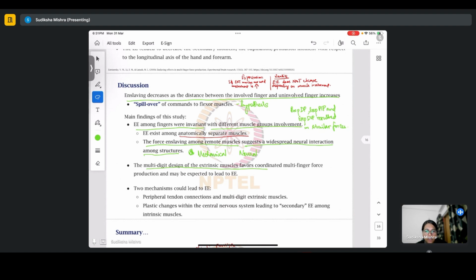So, the two mechanisms that this particular paper suggests might lead to enslaving effects are peripheral tendon connections and multi-digit extrinsic muscles, and plastic changes within the central nervous system, leading to secondary enslavement effects amongst the intrinsic muscles.